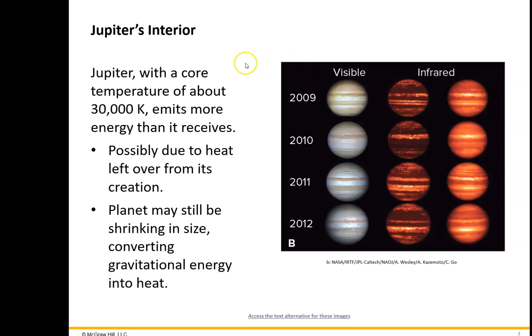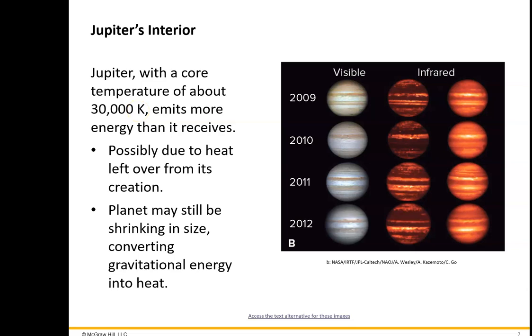All right, so using, as I mentioned before, the physics known as hydrodynamics, it's known by other names too, thermodynamics as well. Anyhow, we estimate that the core temperature is about 30,000 Kelvin.